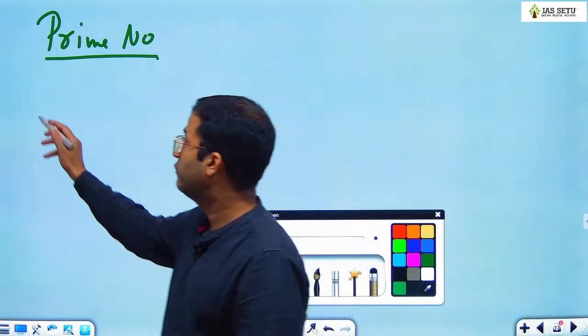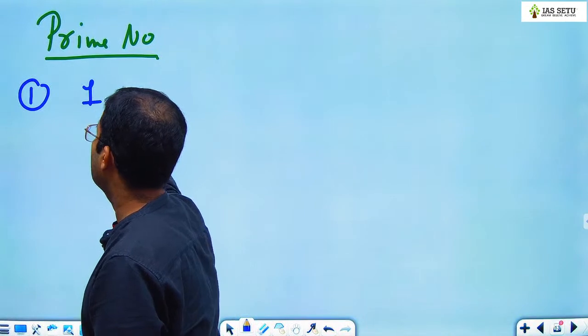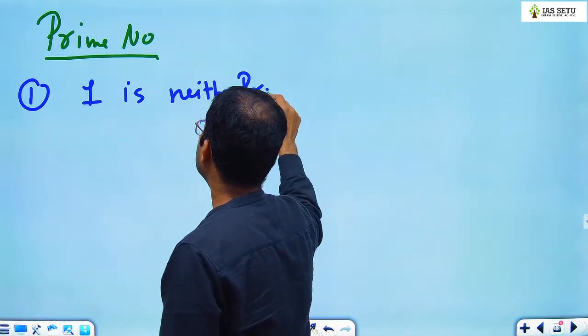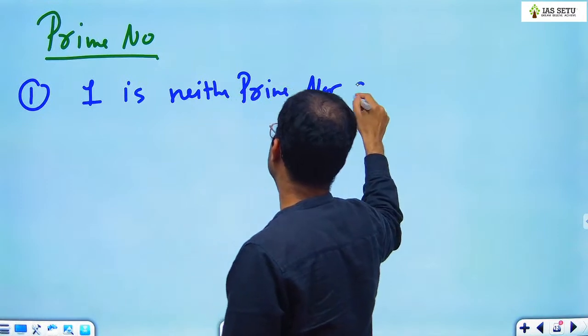Now first statement, one is neither prime nor composite.